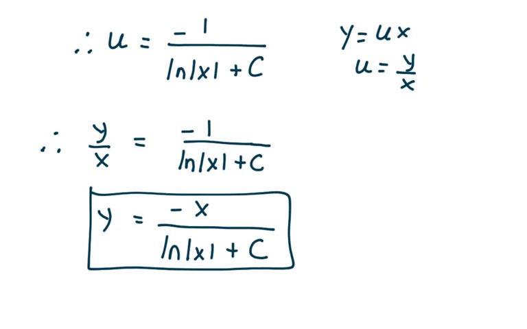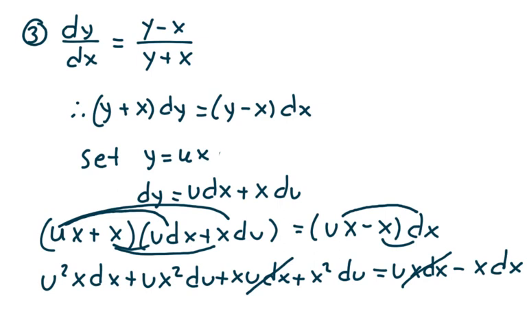But remember, y equals u times x. So u is equal to y over x. Substituting in, we get y over x is equal to -1 over natural log of the absolute value of x plus c. Multiplying both sides by x, we get y equals -x over natural log of the absolute value of x plus c. And that's example 2.